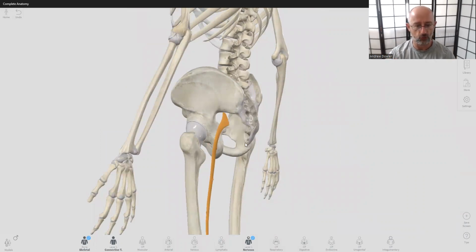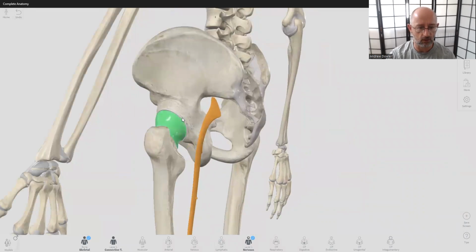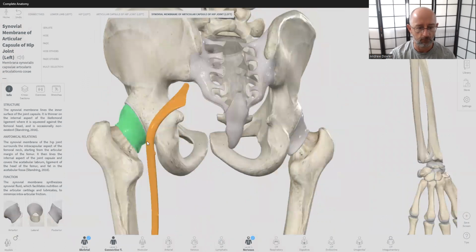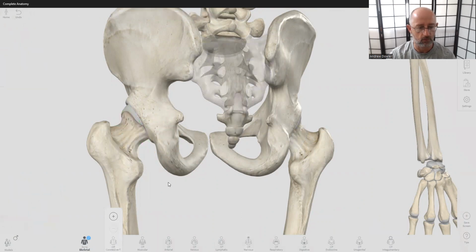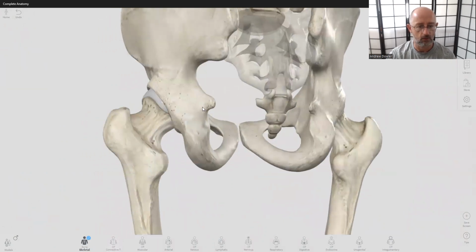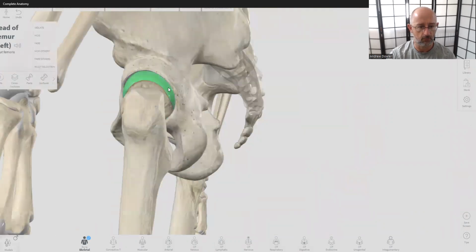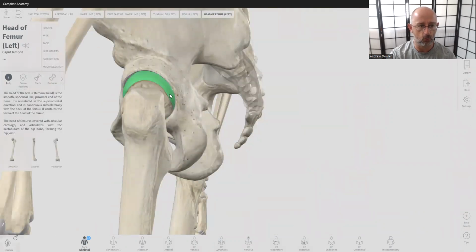Other important structures we should be aware of: in here we have the femur. Let me get rid of that connective tissue, get rid of the nerve, and get rid of the connective tissue. So in here you have the acetabulum. That's the head of the femur, the big ball.